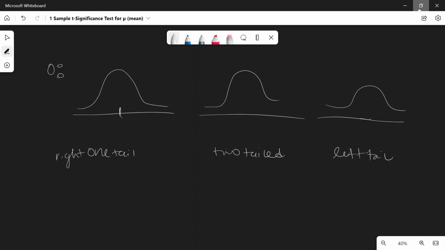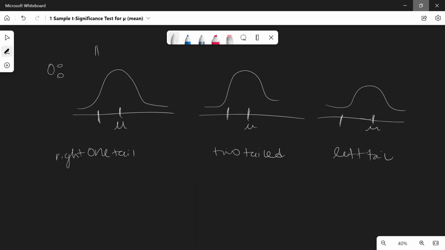Let me show you the difference here. This is your mean, right? And then you have a certain value. Let's say your value is something over here, something over here. It's the same thing.